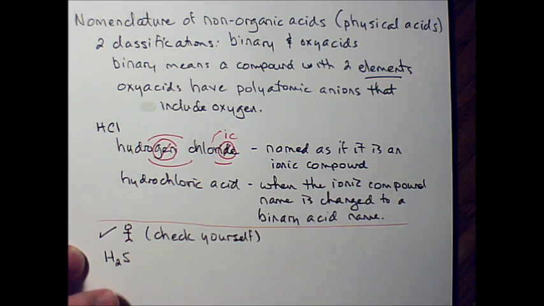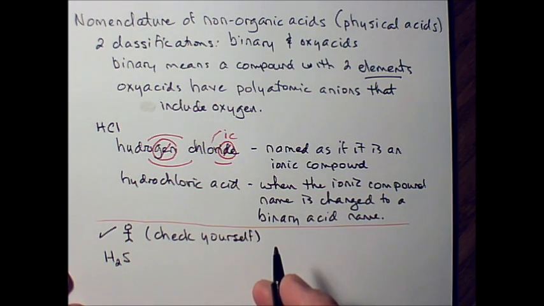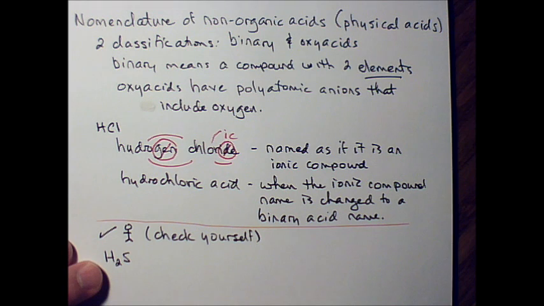Joe, if I'm going to name it like an ionic compound, what would I call it? Not like an acid. I want to name it first like an ionic compound. Hydrogen sulfur.